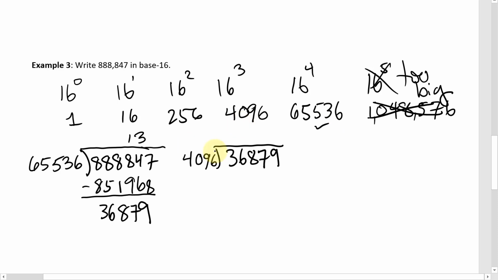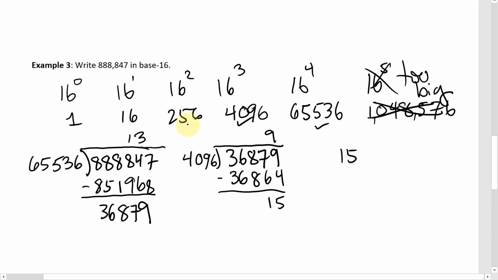Take that remainder, divide it by 4096, goes 9 times. 9 times 4096 is 36,864. Subtract. That's 15.